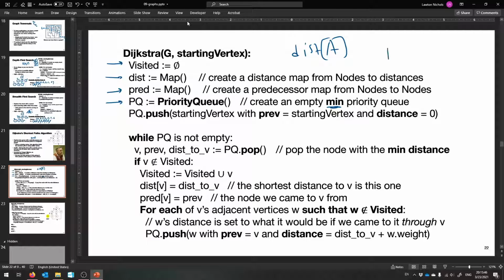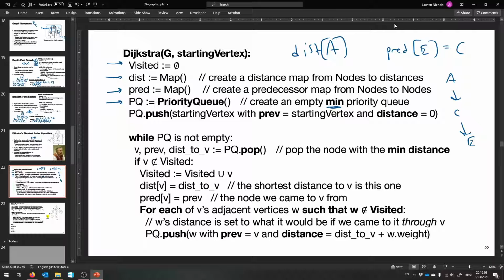So if the shortest path was A, then C, then E, the predecessor of E we will say is C. That's what came before it in the shortest path to E, going backwards from the ending vertex to the starting vertex. That's what the predecessor map gives you.